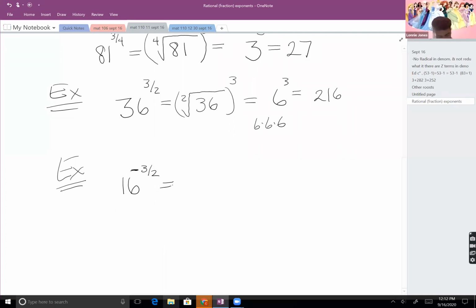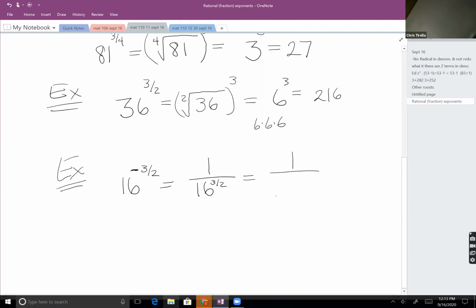Remember, a negative exponent says we're going to make a fraction. The exponent becomes positive in the denominator. And now this is telling me that the denominator has a radical. I'm taking the square root of 16 and then cubing it.